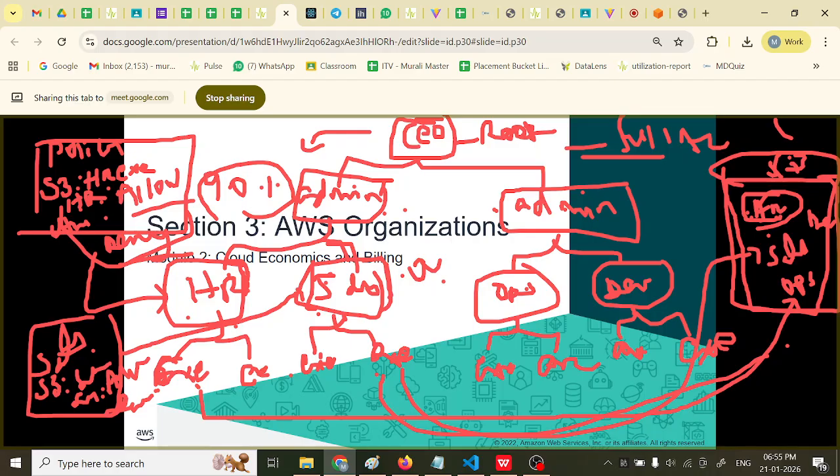When you create member accounts like HR, sales, executives, they need permission. How do you give permission? You create a policy. That policy will have the S3 bucket, HR executive, HR folder allow.